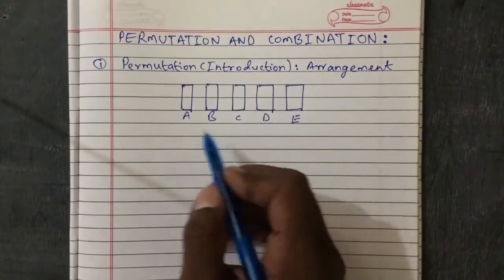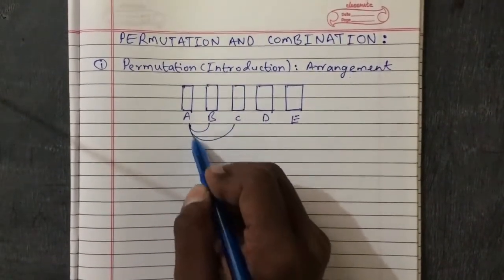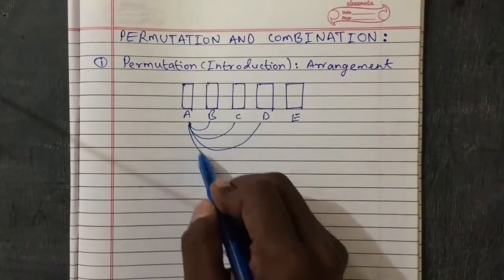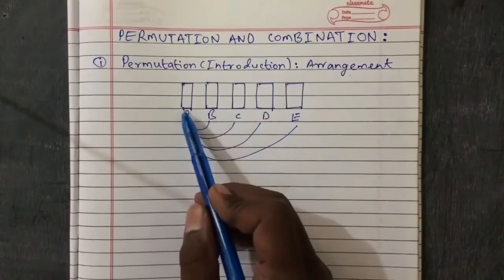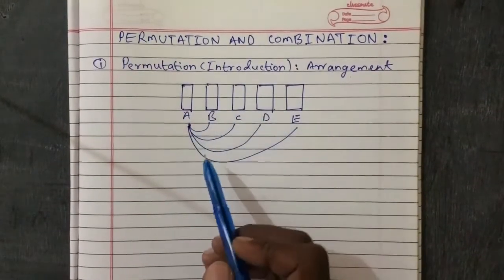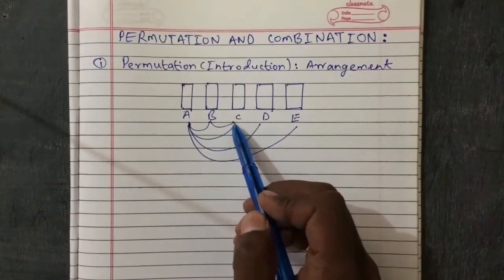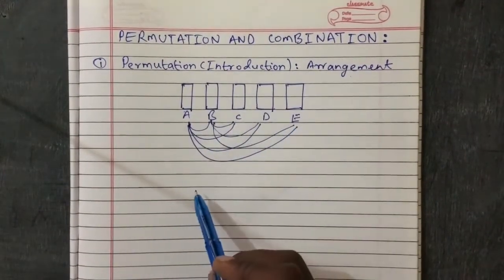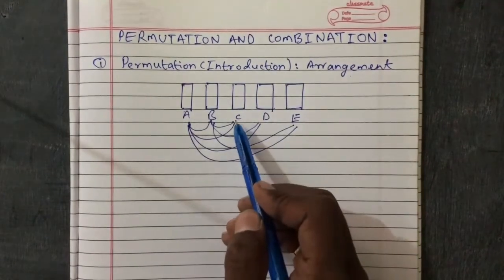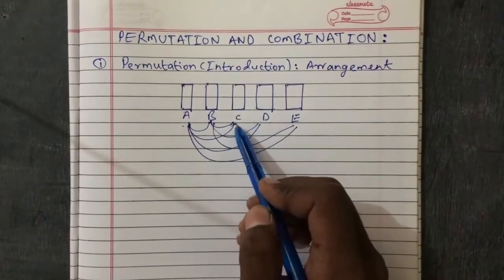For example, of course, I can arrange A and B together, A and C together, A and D together, and also A and E together. This is an arrangement of A with other books. And similarly, we can also arrange B and A, already done, B and C, B and D, B and E. And similarly for C: CA, CB already done, CD, and then CE.